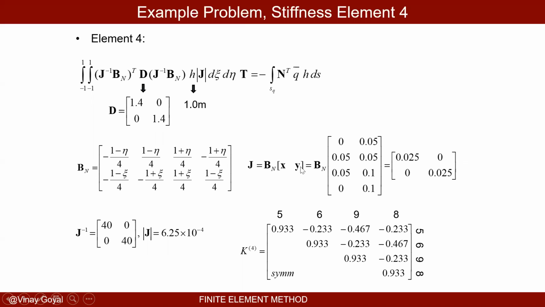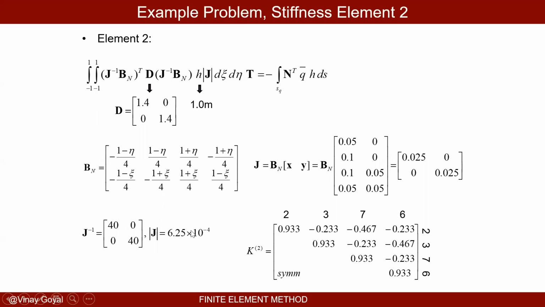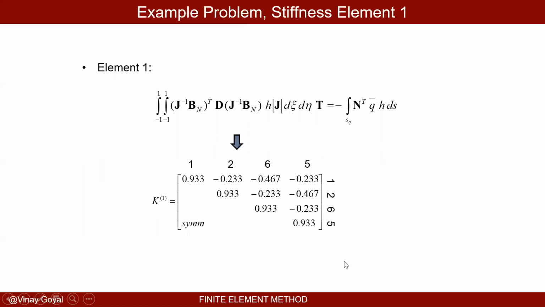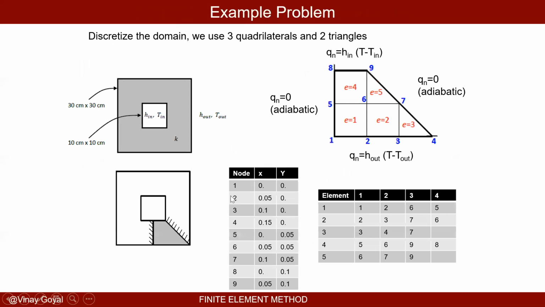Again, the X and Y coordinates have to be put in there according to the nodal locations, using the order from the connectivity. It cannot be any random order. Multiply this by that, you get 0.025, 0.025. J inverse is this, and the determinant of J is this. Notice how all elements have the same stiffness matrix. That makes sense because I have the same element size.